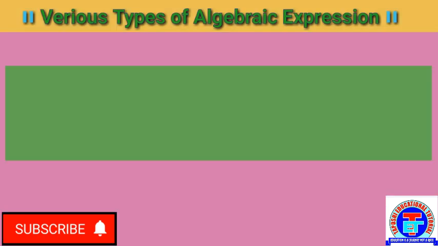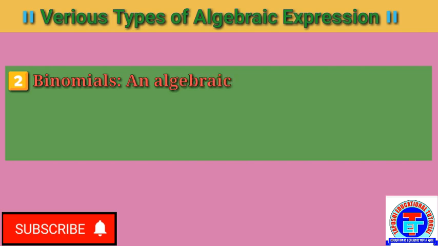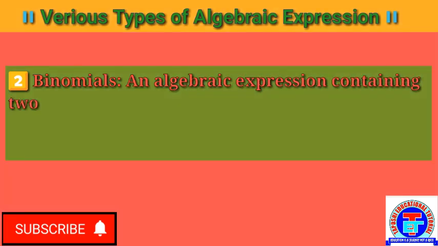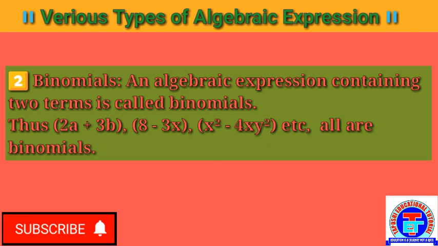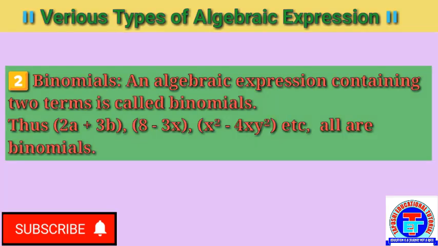Now number 2, binomials. Bi means two, nomials means terms. Here an algebraic expression containing two terms is called a binomial. Thus here 2a plus 3b, 8 minus 3x, x square minus 4xy square, etc.